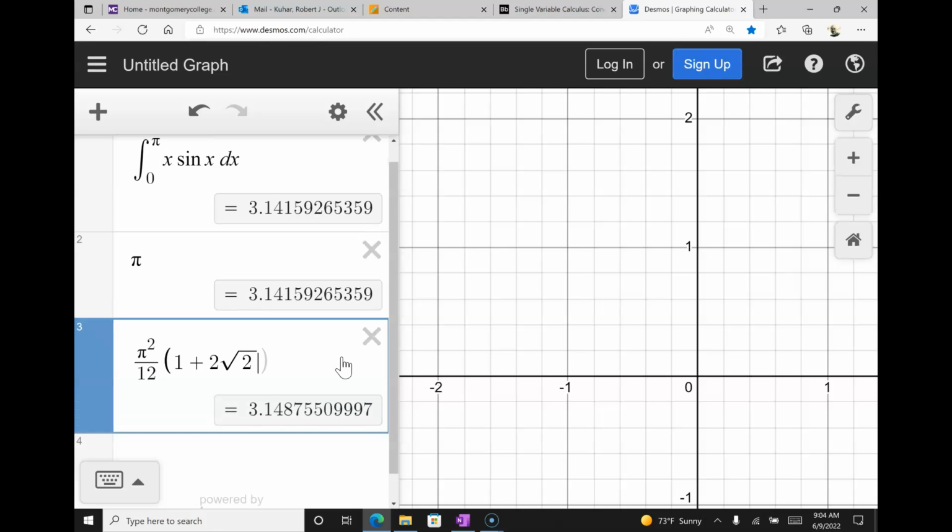Everybody's comfortable with the Desmos and typing certain things, square roots, pi, yeah. Nice. Wow. Pretty close. A penny off. Less than a penny, right? Yeah.